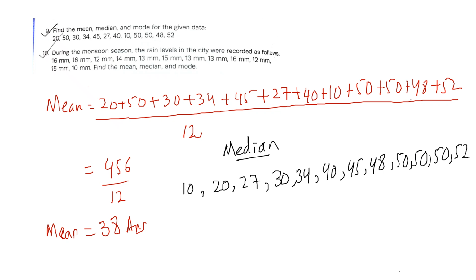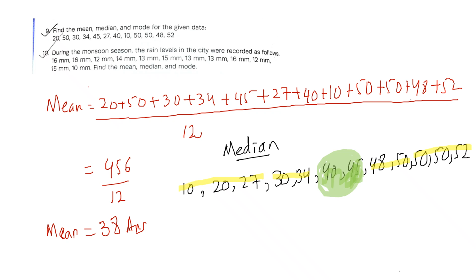Okay, now I have arranged them, and now I have to look for the middle value. Let's highlight 3 values from here, 3 values from here, and 2 values from here, 2 values from here. So in the middle I have 40 and 45, right?